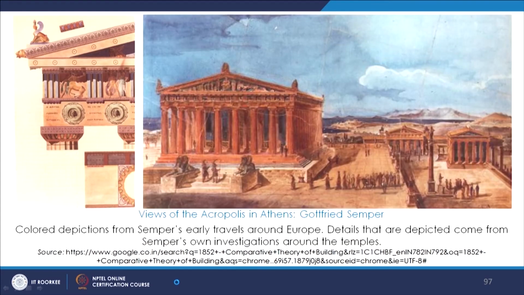So these are some colored depictions from Semper's early travels, and there are investigations which talk about the observations related to color, making, details, tectonics, ornamentation. So we see some pictures over here.